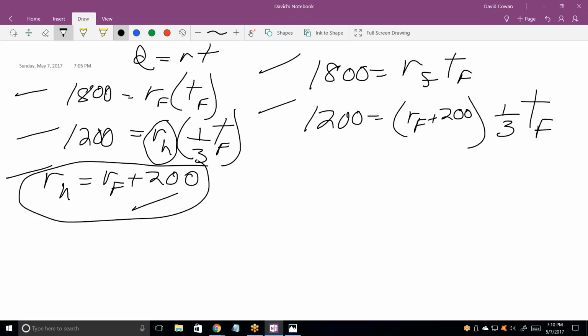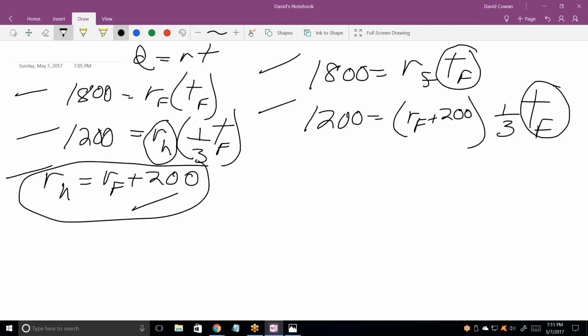Well, the best way that I have found for solving 2 equations and 2 unknowns is to solve each equation the simplest way possible for one of the variables. I'm going to pick that one because that looks to me like the simplest one to isolate. I could isolate r sub f, but t sub f looks easier to isolate.